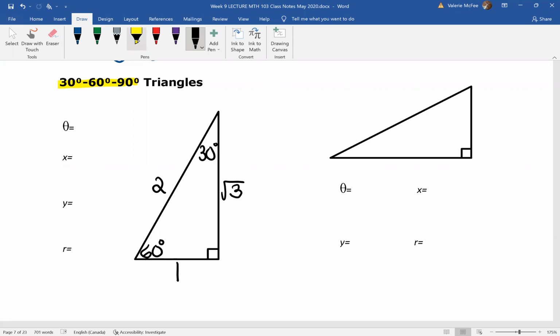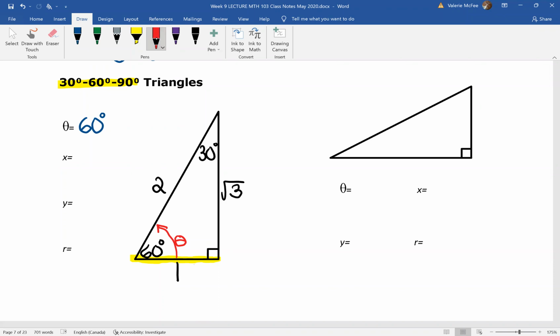Now remember, we're saying that our initial side is always on the horizontal. And so this is going to be theta right here from the initial side to the terminal side. So theta is 60 degrees. We have our terminal side on the positive x-axis.